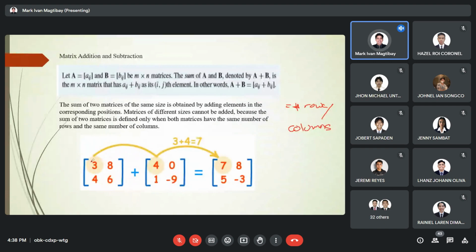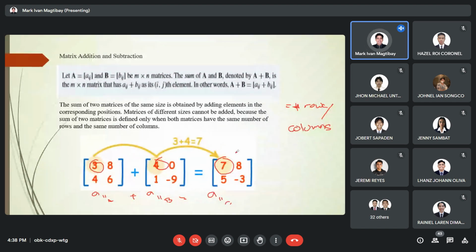So ang pag-add po natin is A11 sa A11. Okay, so meaning to say, 3 plus 4 is 7 po. A11 plus A11 po ng matrix A, A11 ng matrix A, plus A11 na matrix B would result to the A11 po ng matrix C natin, which is yung ating magiging output.